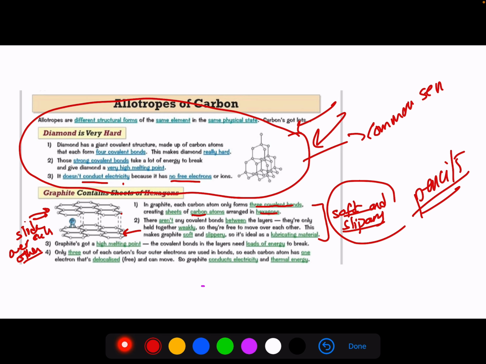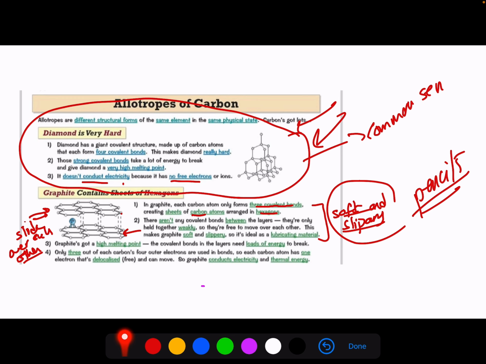Yes, that's exactly why. So as you see, chemistry helps you build models and understand things, why a pencil has the property it has, why diamond has the property it has. That's actually the purpose of learning chemistry: to understand things rather than just memorize abstract information. So graphite is soft and slippery because it's made up of layers of hexagons. The forces between these layers are very weak, so the layers can slide over each other.